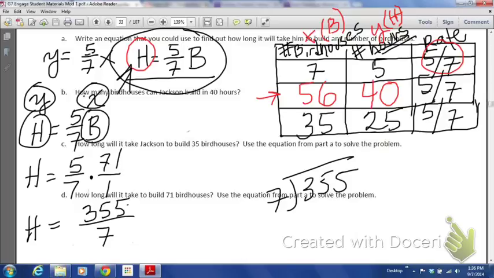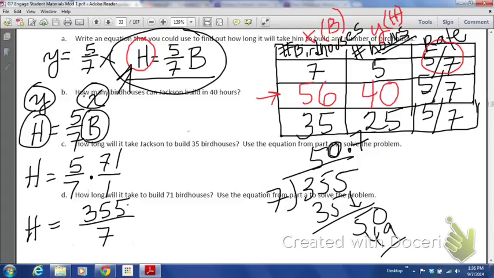It's very much worth it. So we get 50.7.